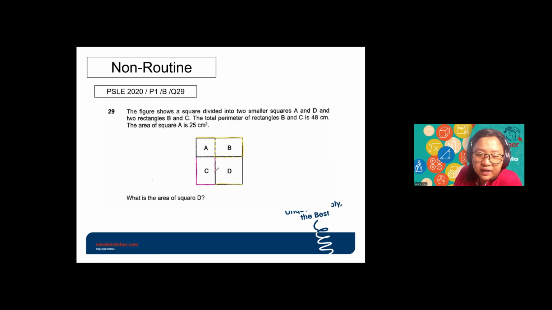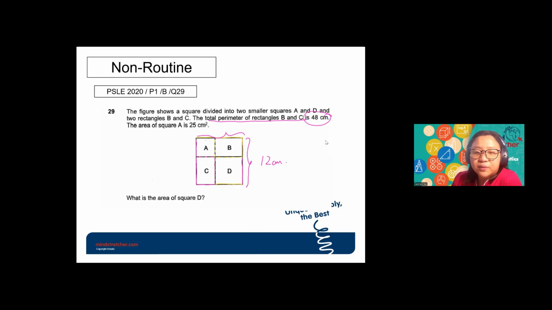This part is the same as the side of D, because D is a square, and this part is the same as the side of A. So you can see the total perimeter of B and C is, in fact, the perimeter of the big square. Since it is the perimeter of the big square, and all sides are equal, we can just divide by 4, and this side is 12. Then from there we can continue to solve.